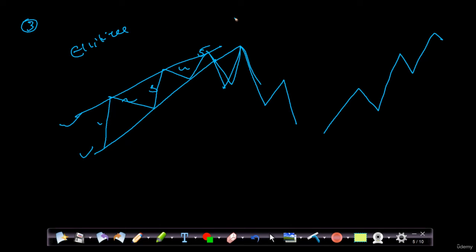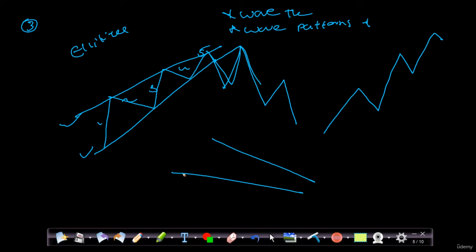Instead of saying Elliott wave theory, we can consider it as wave theory or wave patterns. This is a repetitive pattern which you can see in any time frame at any time. This is the rising wedge. Now the same for the falling wedge pattern, right?